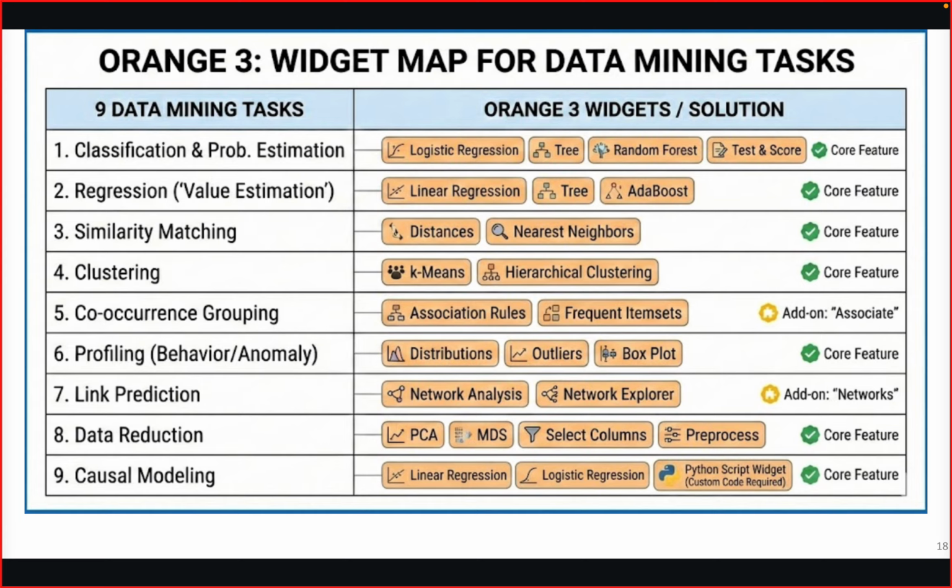We have data. We need to do the Orange 3 work, or we can do the model: the test, prediction model, segmentation model, or association model.